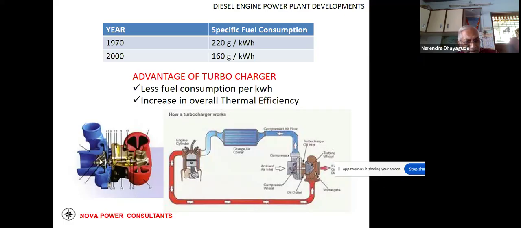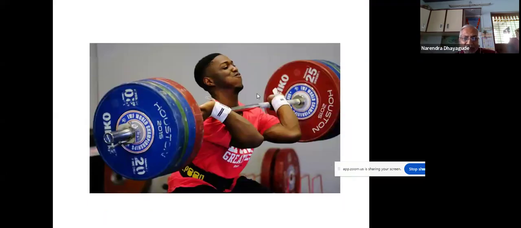The air is compressed, and this cold compressed air is fed to the engine, and engine capacity is increased. Thereby it needs less fuel consumption per kWh, and it increases the overall thermal efficiency of the engine. So nowadays we see that SFC is almost around 160 grams per kWh.